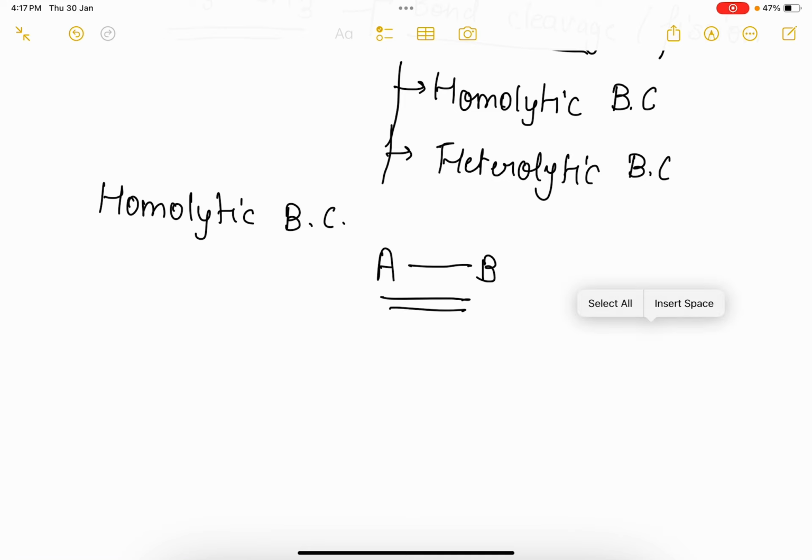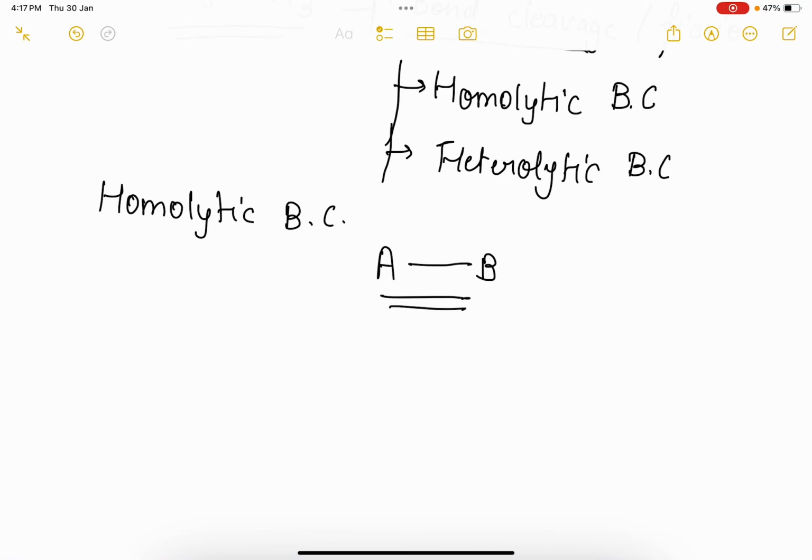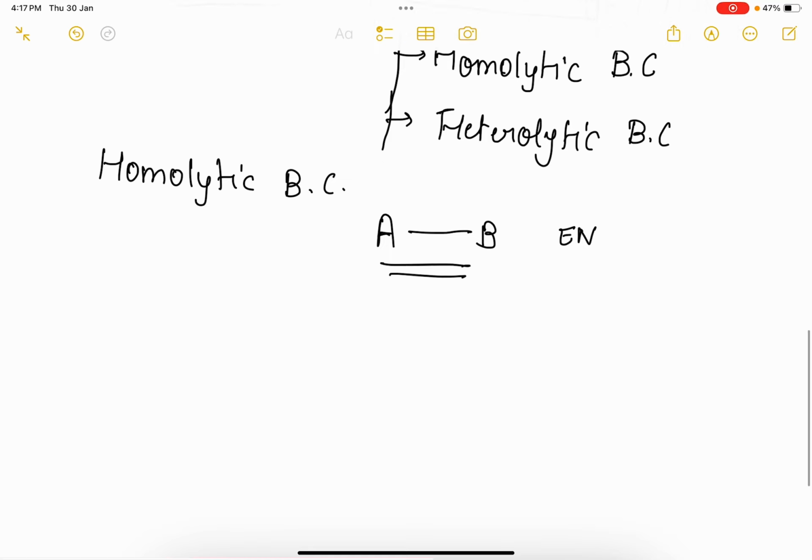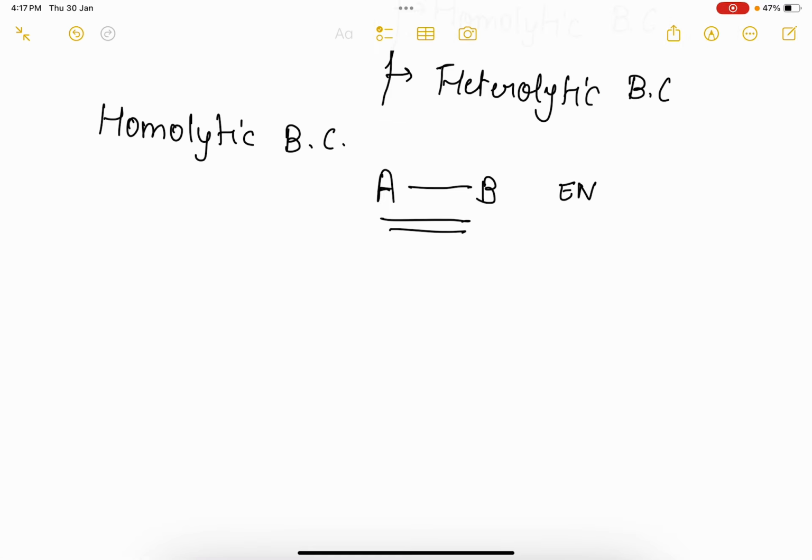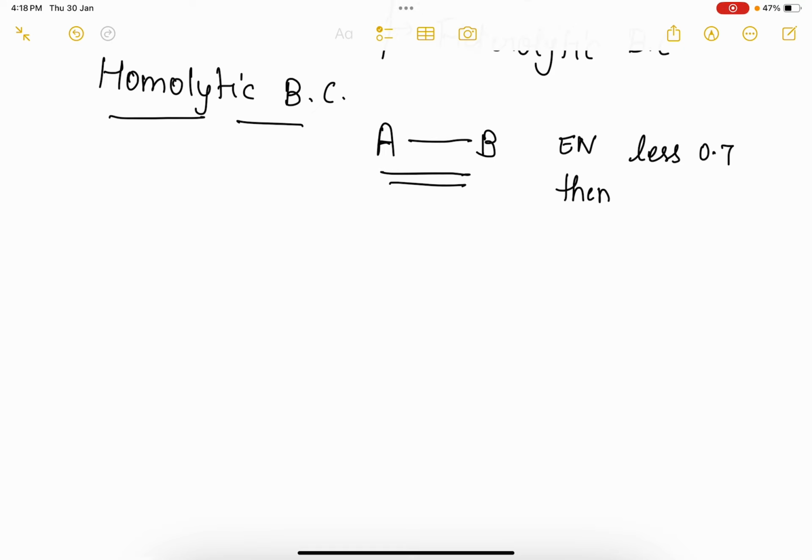If the electronegativity difference between A atom and B atom is less than 0.7, then both the elements share the electrons, and in homolytic bond cleavage equal distribution of electrons takes place.